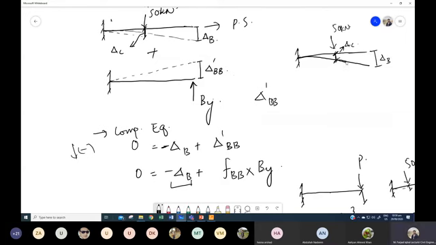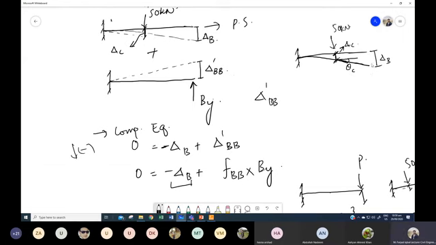At this point somewhere. And since it is almost a straight line, let's say that this angle is theta C, right? So this is theta C, this is delta C.